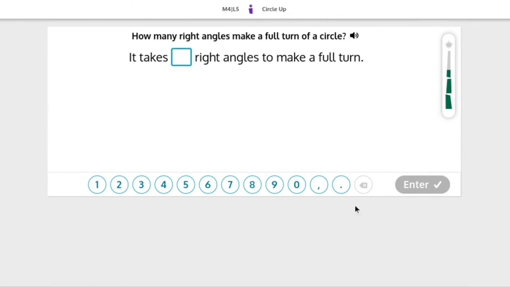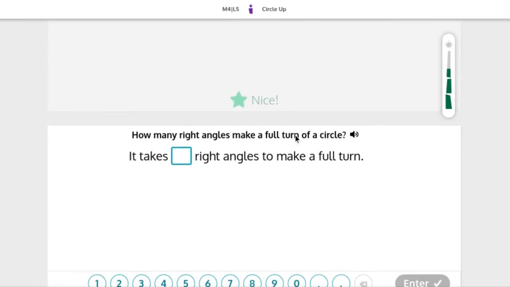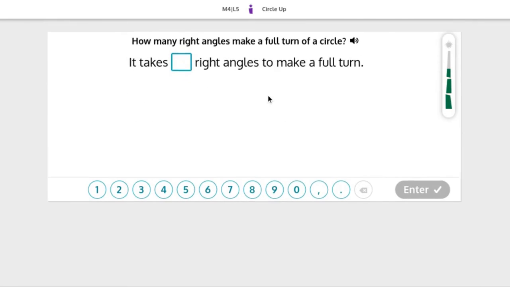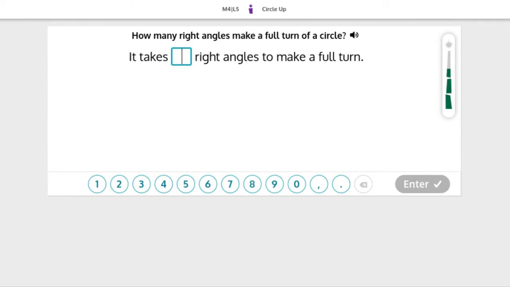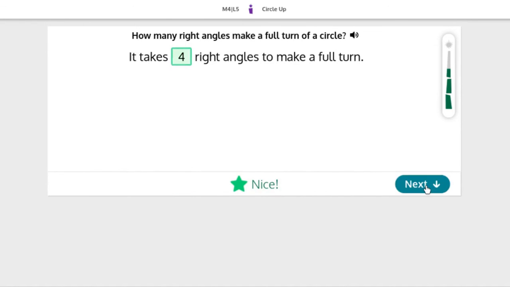Okay. So then how many right angles, it says how many right angles make a full turn of a circle? Well, we just said it takes 4 right angles to make a full circle, a full turn, because we'd have 90, 180, 270, 360. A quarter, a quarter, a quarter, a quarter. So those 4 right angles make a full turn. Nice.